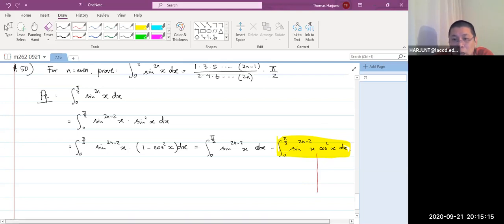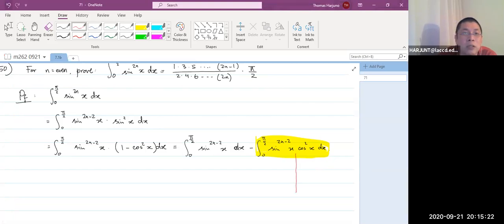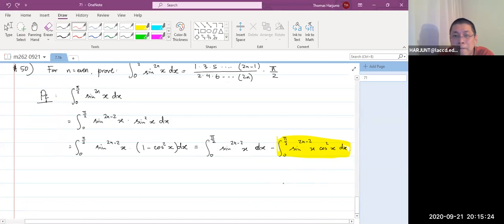How would I like to do this? Integral. Let me rewrite it first.